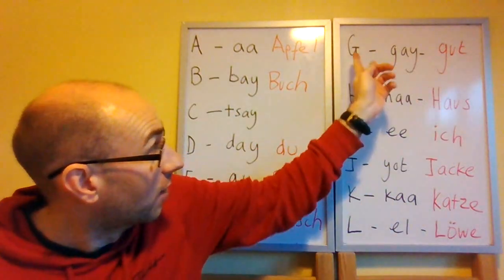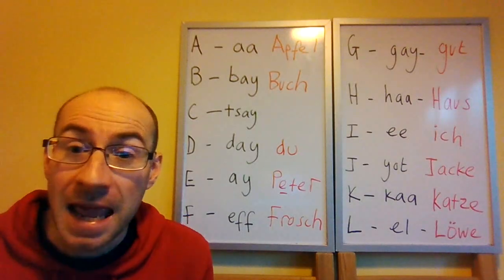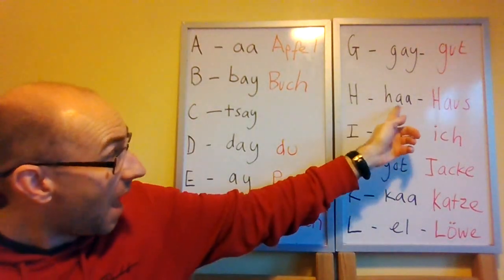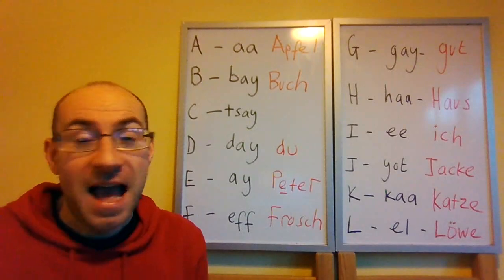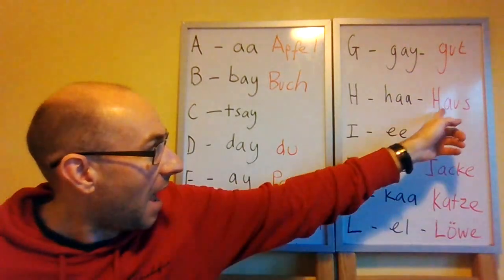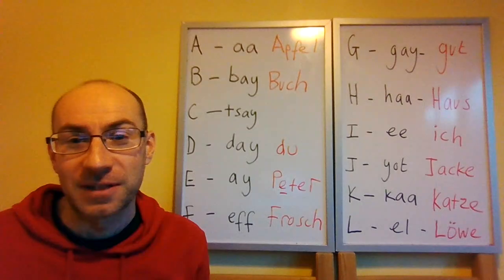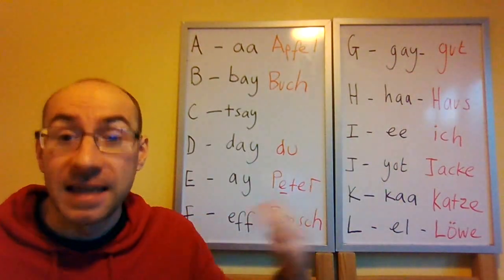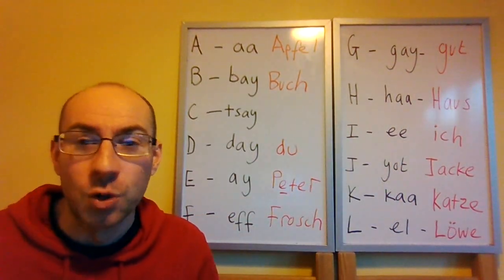It's a G. That's all it is. The letter name for this one is Ha. And it's just a H, like English. House, H, same as English. So G, H, good, house.